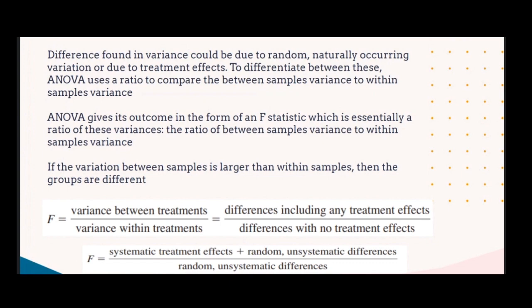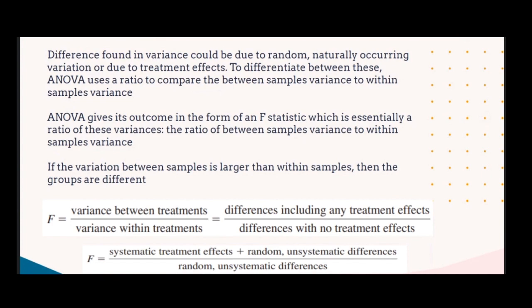The reason you're comparing your systematic treatment effects to the random unsystematic differences is because we want to make sure that the treatment effects are something beyond or larger than the unsystematic differences. You don't want treatment effects that are mathematically smaller or equal to unsystematic differences, because then how can you for sure say that they were caused by the effectiveness of the medication and not just by some random error?